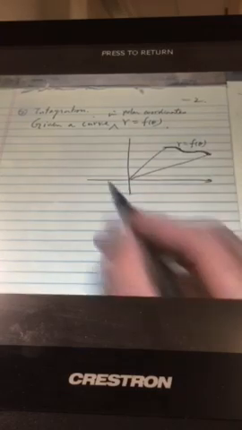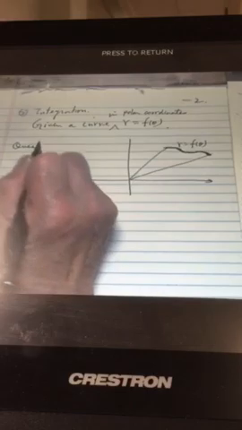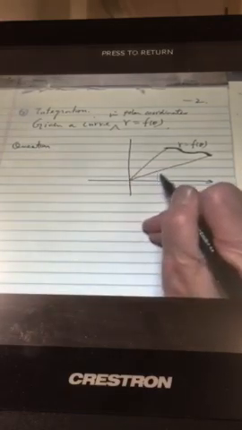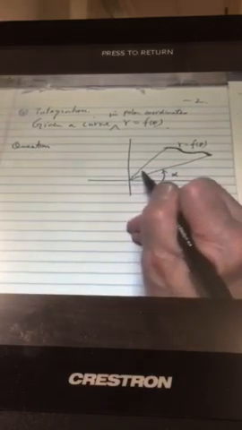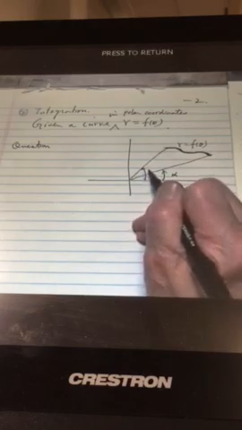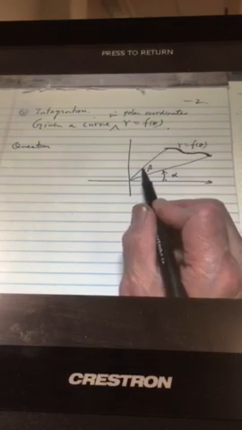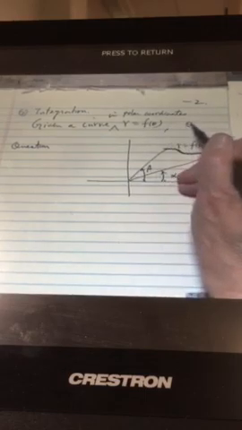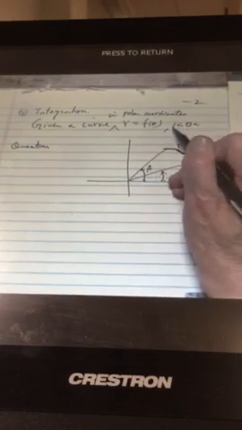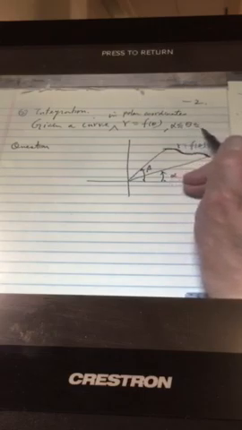Okay. And then the question is, suppose this angle is alpha, this angle is beta. So from here to here is alpha, from here to here is beta. So theta is between alpha and beta.